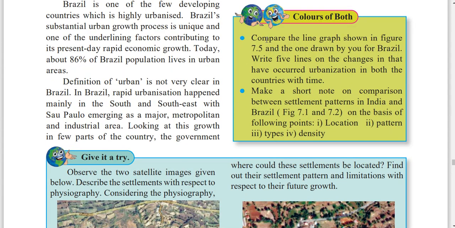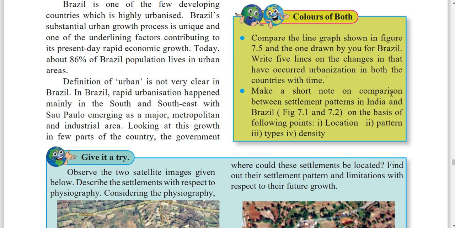Compare the line graph shown in figure 7.5 and the one drawn by you for Brazil. Write 5 lines on the changes that have occurred in urbanization in both the countries with time.